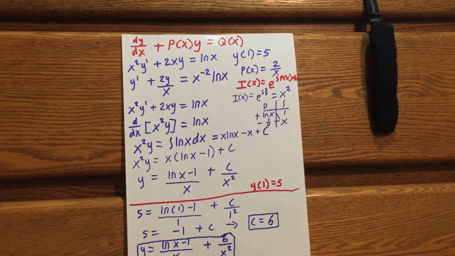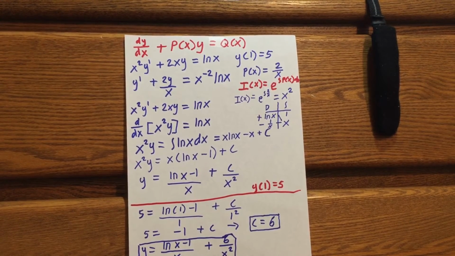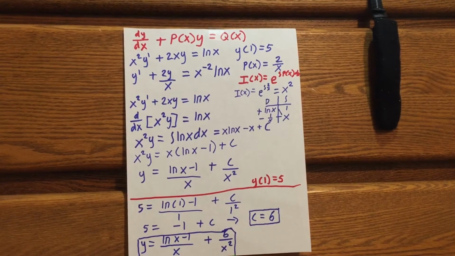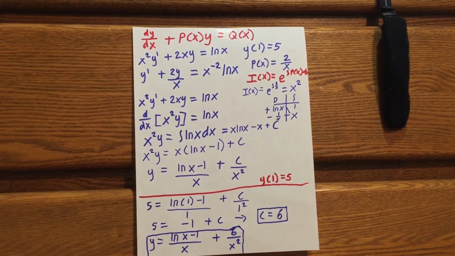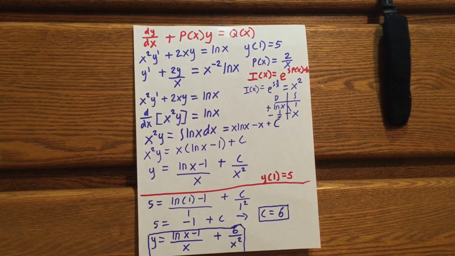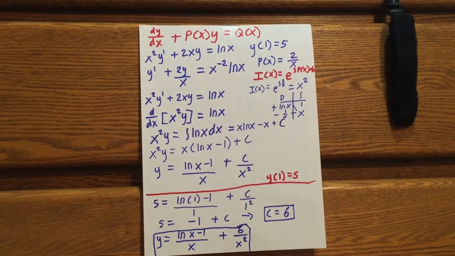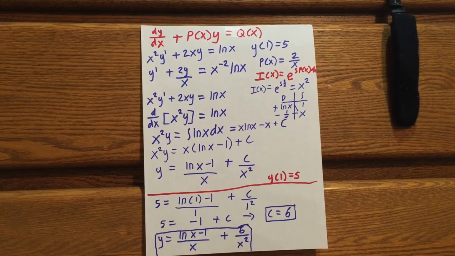So now that I have that, I'm just going to multiply both sides of the equation by I of x, which is x squared. And so once I do that, I'm going to have x squared y prime plus 2xy is equal to ln x. And upon looking at that, you can see that the left side of the equation looks a lot like the derivative of x squared y.